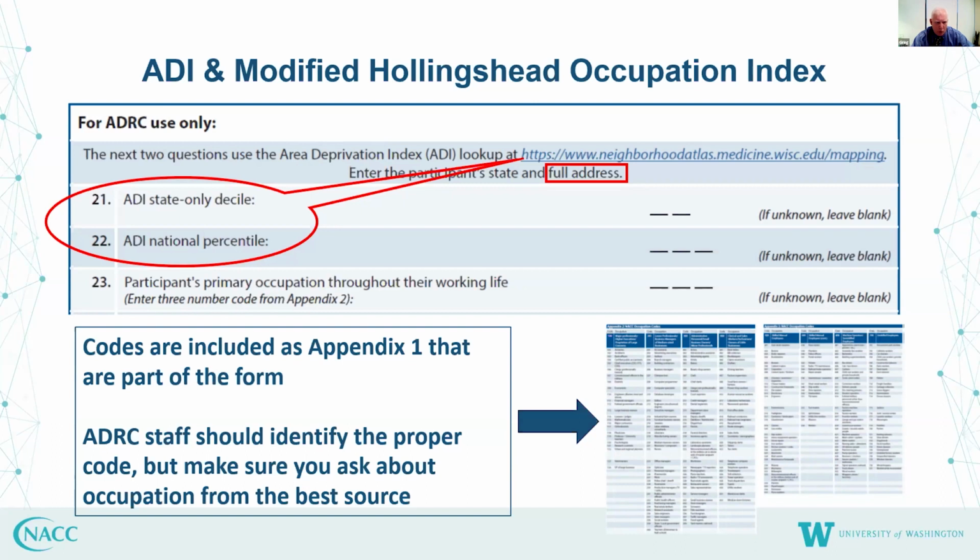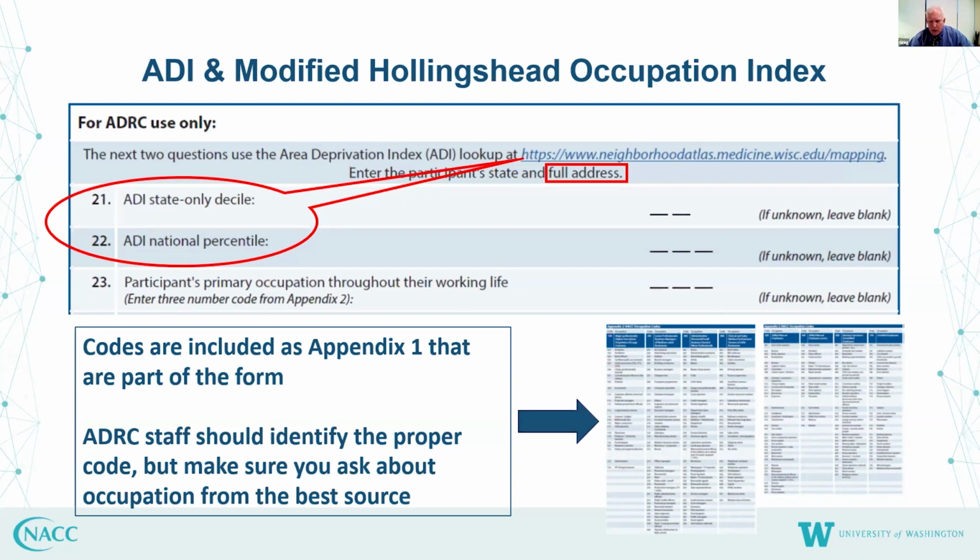All that would be reported is the state-only decile and the ADI national percentile. The link to the ADI index is right on the form.